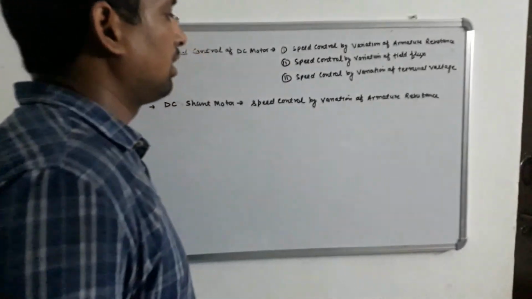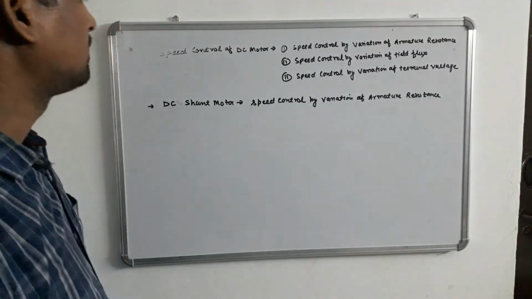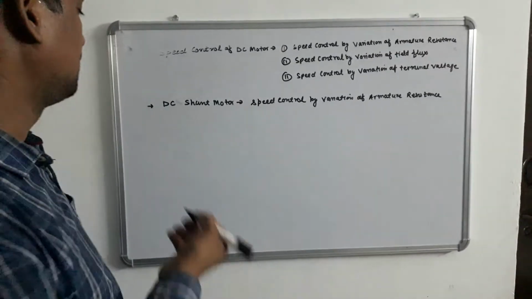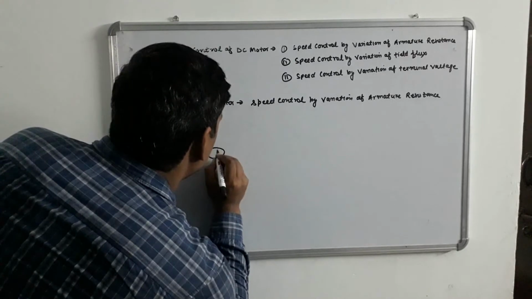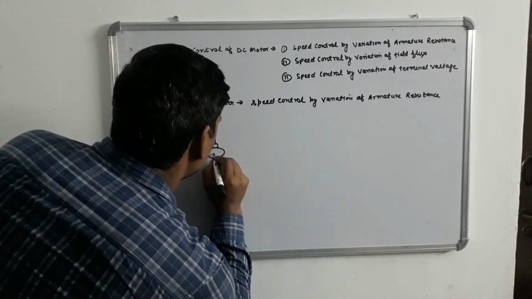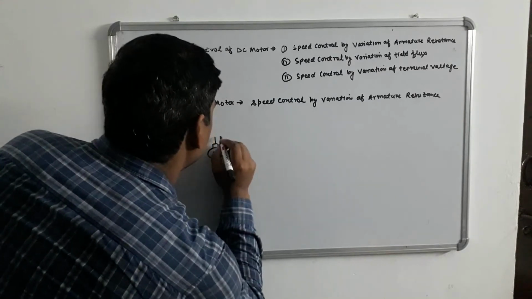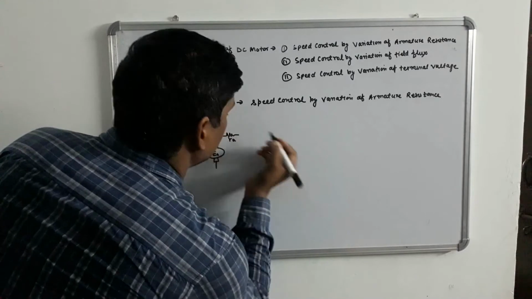First of all, we have to draw the equivalent circuit diagram of the DC shunt motor. This is the armature winding. EA is induced here, and this is the armature resistance RA.